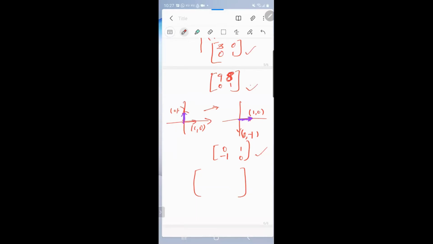Right. How can I find out the single matrix representation for this series of transformations? Wouldn't you have to do it like as though you would do simultaneous equations? I don't know. Okay. Someone else, Tanishka.